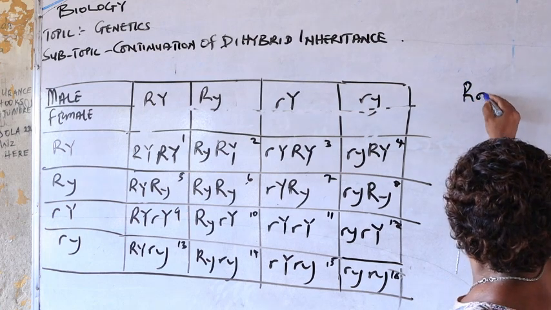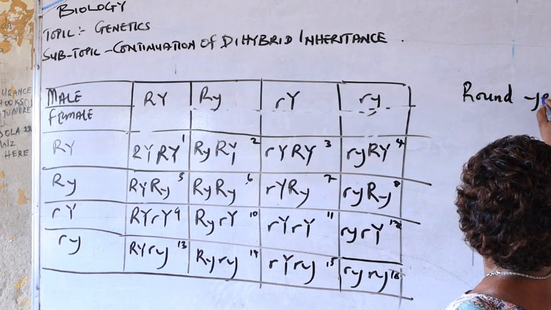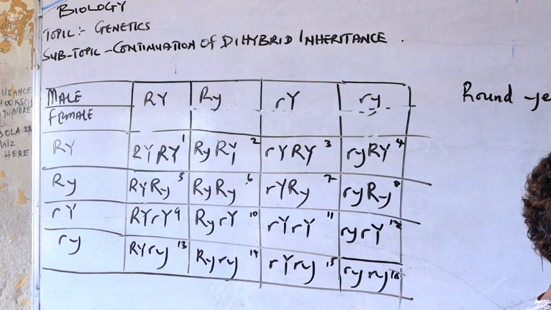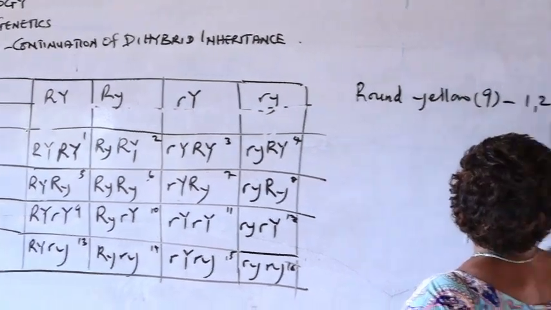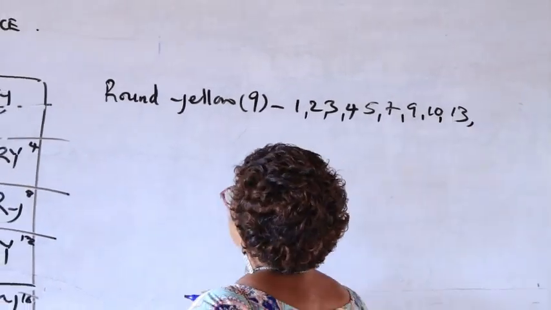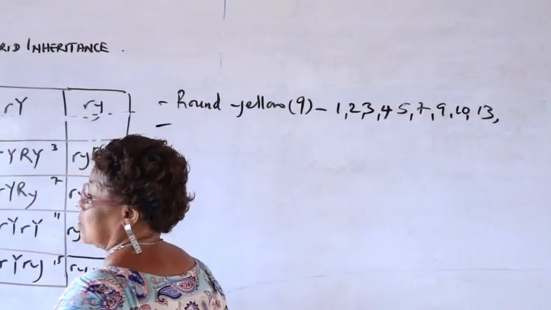So for round yellow, we will have how many altogether? 9, which is 1, 2, 3, 4, 5, 7, 9, 10, 13. Okay. Which other one?